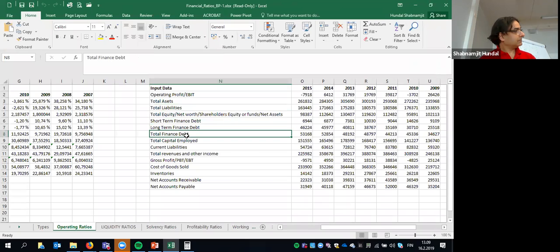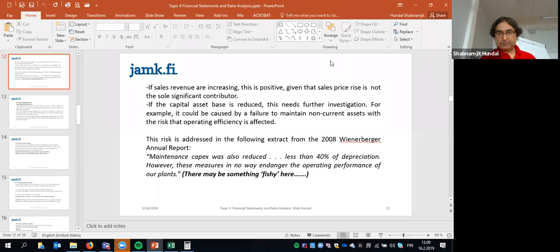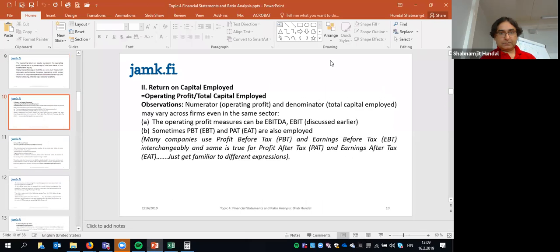And look at the word. It says operating profit divided by total capital employed. Okay. Now see, the total capital employed is of two types.